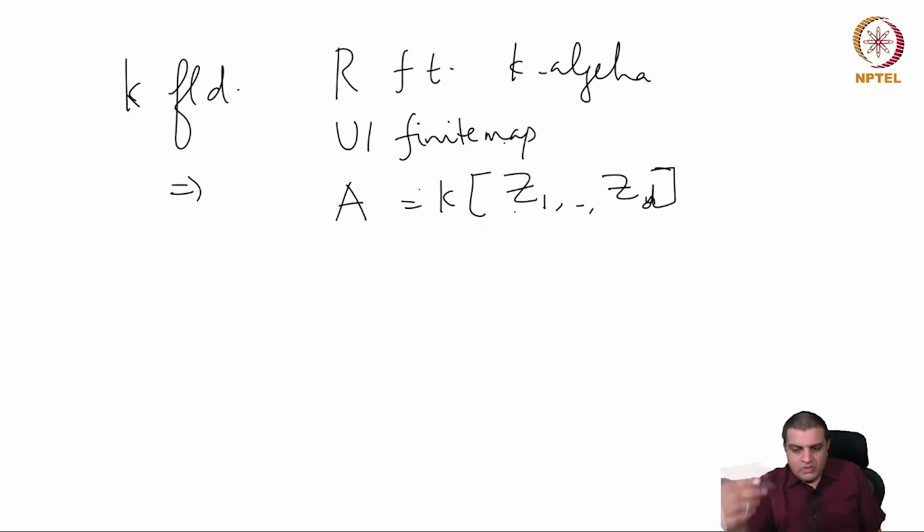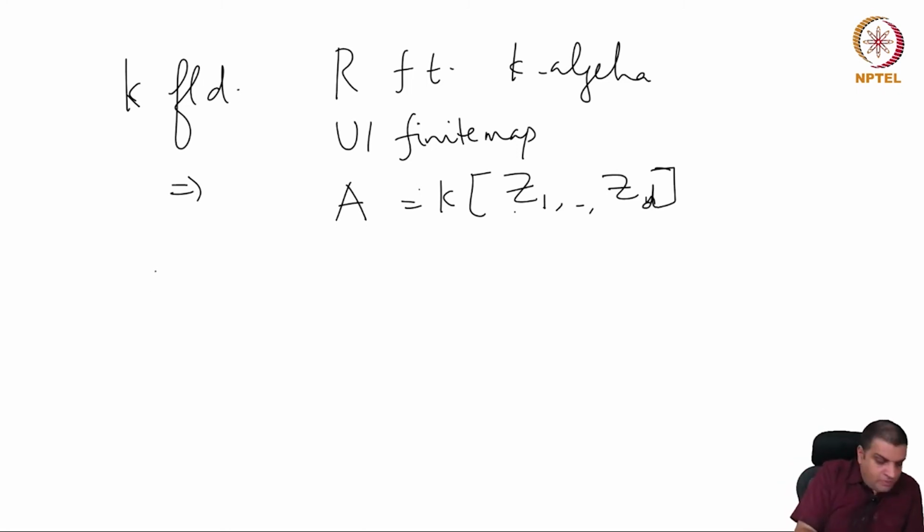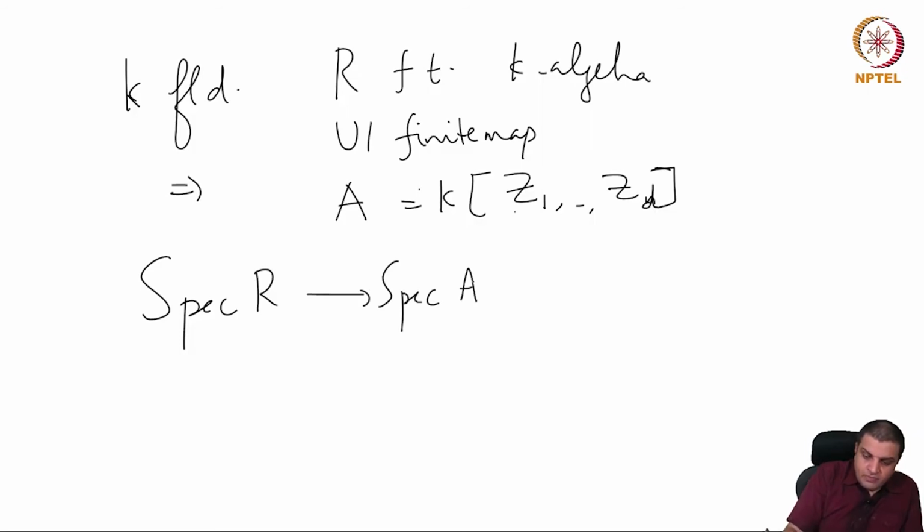Okay. So now we would like to understand this. So this gives a map from spec R to spec A. Okay.